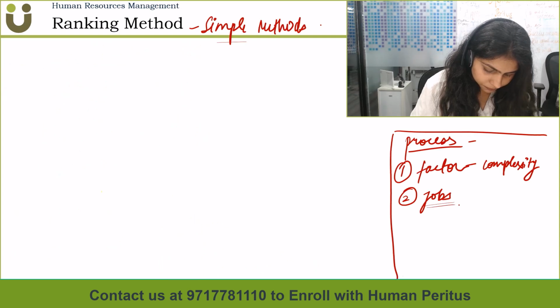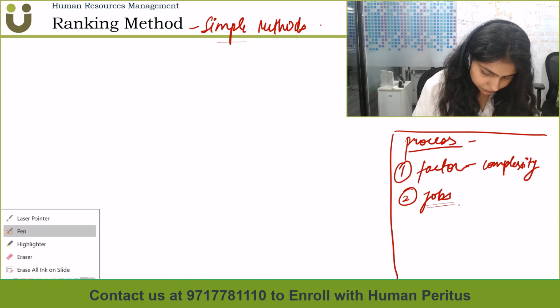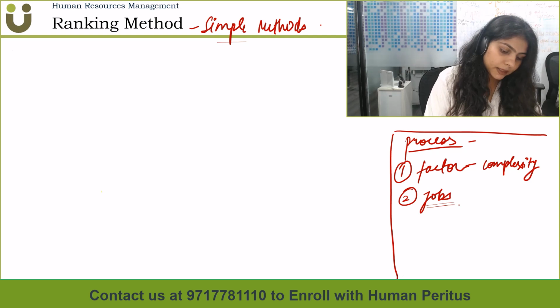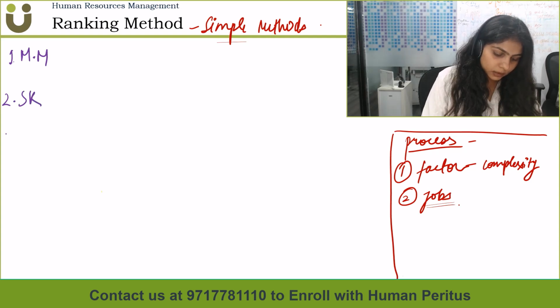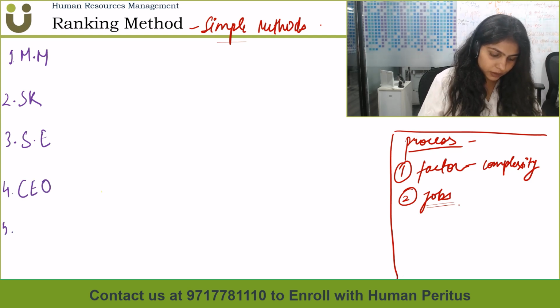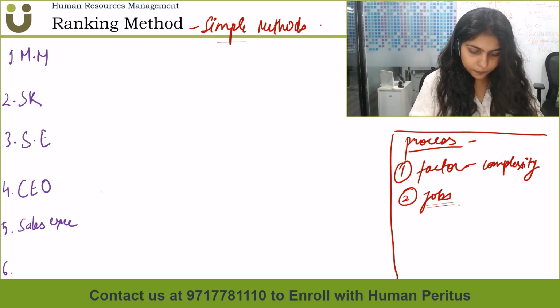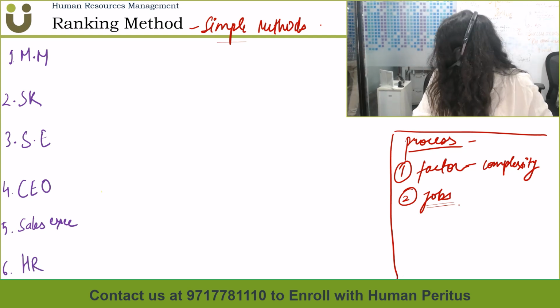The first job is marketing manager. The second is a storekeeper. The third is a software engineer. The fourth is a CEO. The fifth is a sales executive, and the sixth is that of an HR manager.